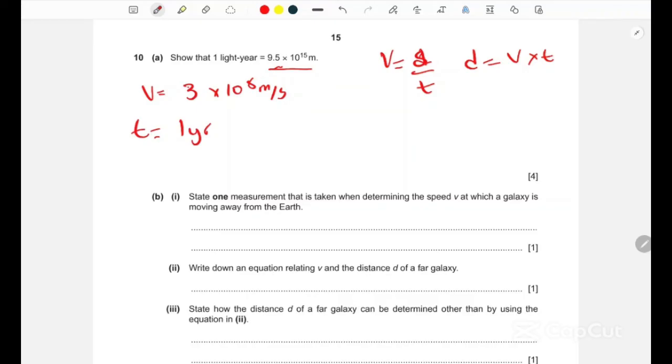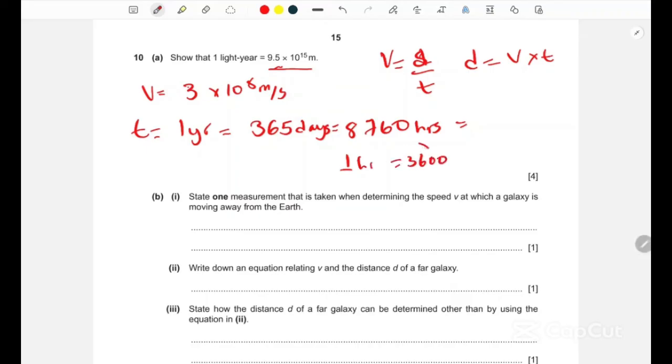So 1 year is the same as 365 days. And in each day we have 24 hours. So 24 times 365, we have 8,760 hours in 365 days. And we know that 1 hour is 3,600 seconds.